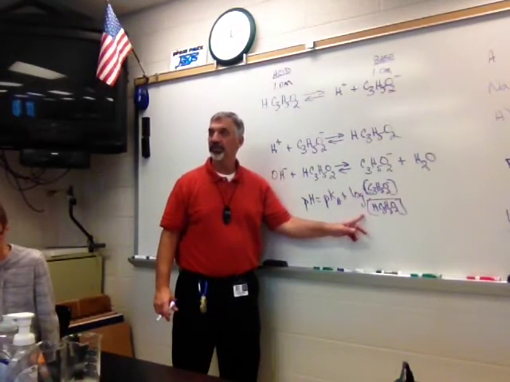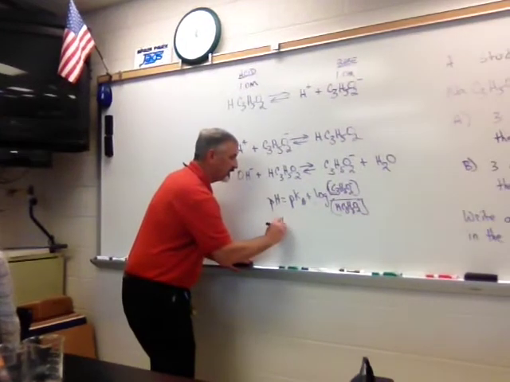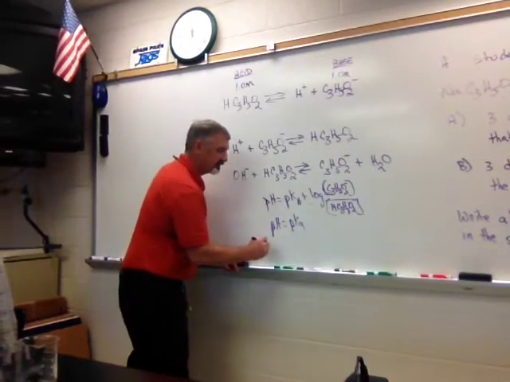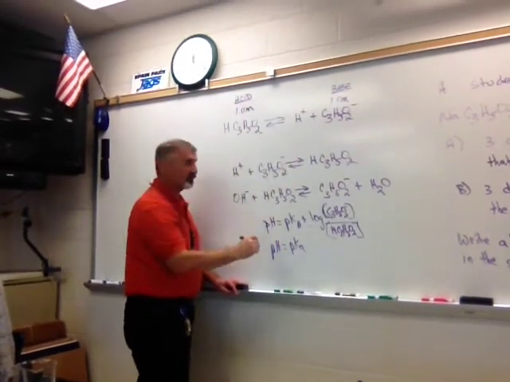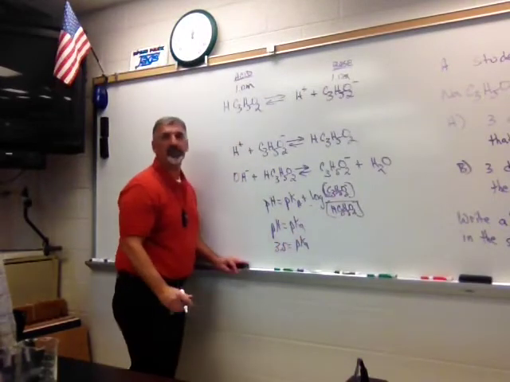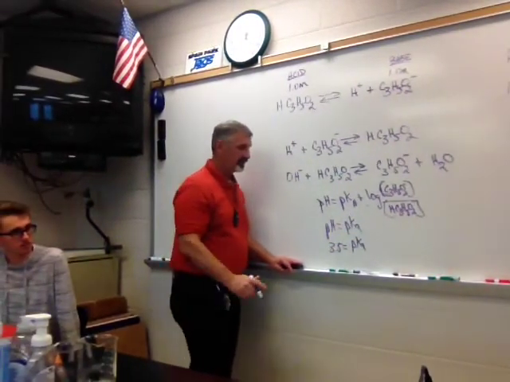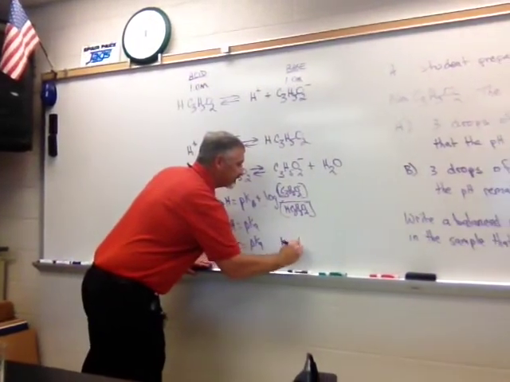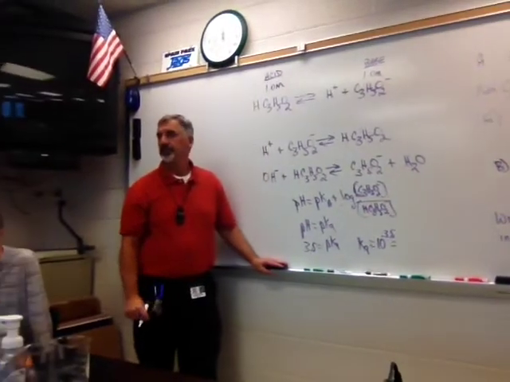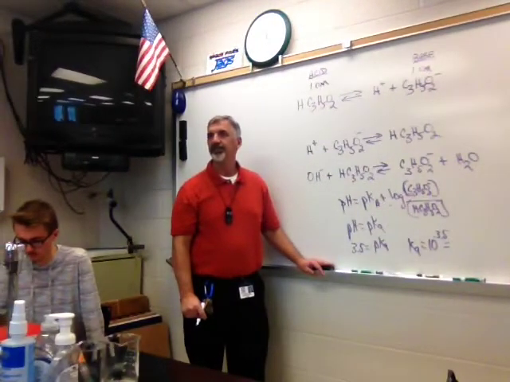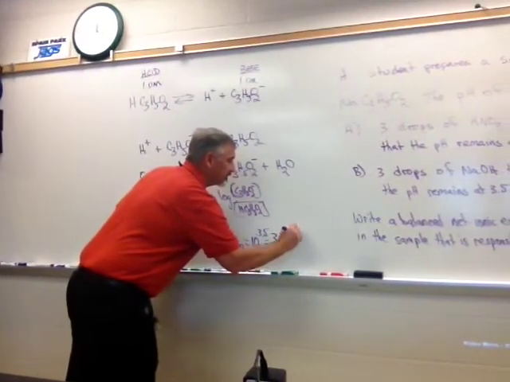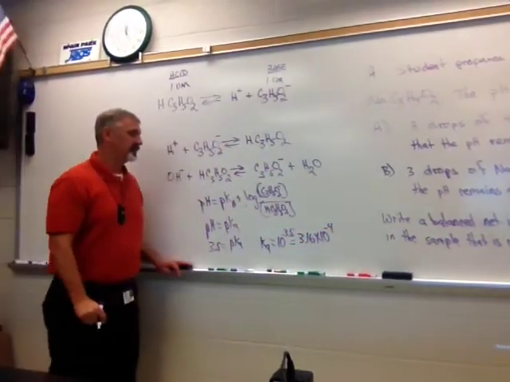What's the log of 1? 0. Therefore, pH equals pKa. What's the pH? 3.5 is equal to pKa. What does P mean? So Ka is equal to 10 to the negative 3.5. Wesley? Times 10 to the minus 4 would be your Ka.